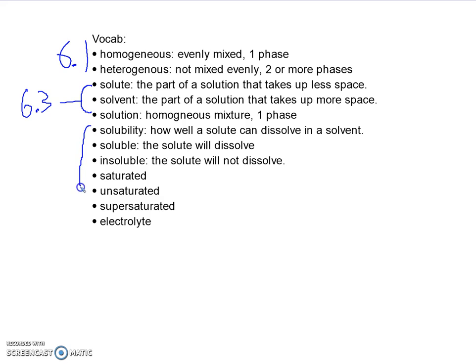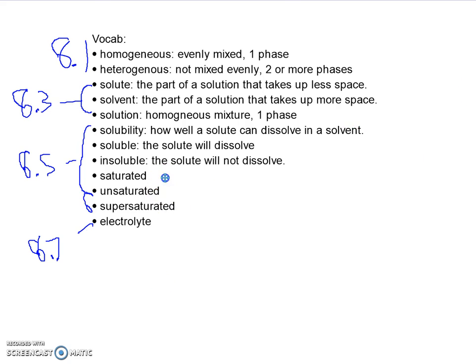Solubility, soluble, insoluble, all this stuff right here should be 6.5. And then electrolyte, that is unit 8. I'm getting all my numbers messed up. 8.7, I think, for electrolyte.